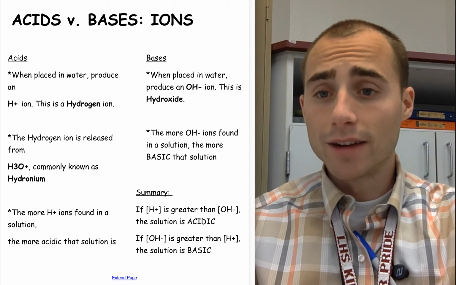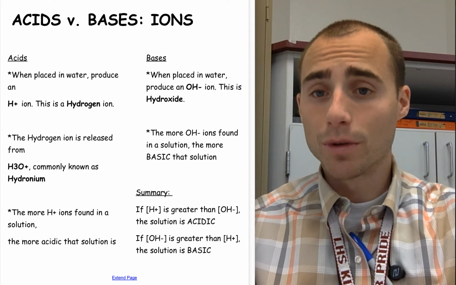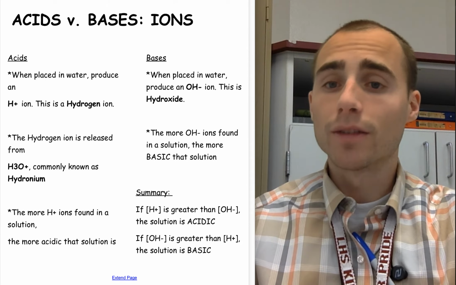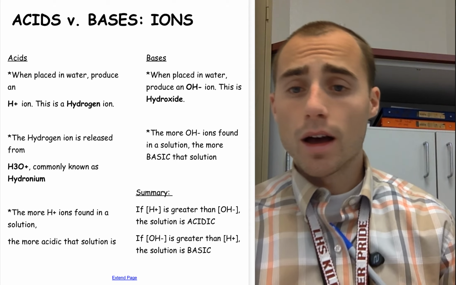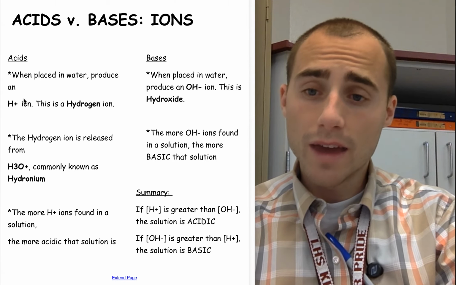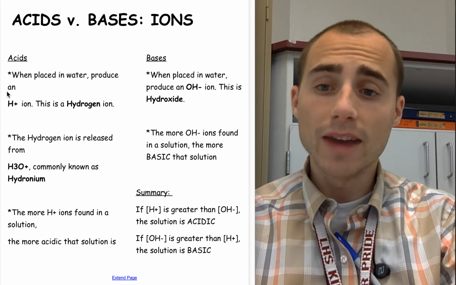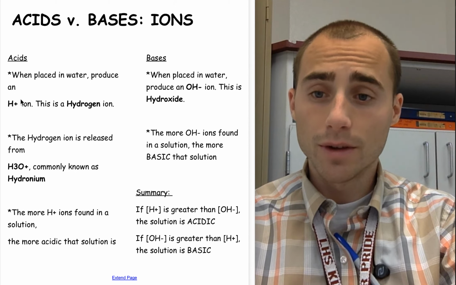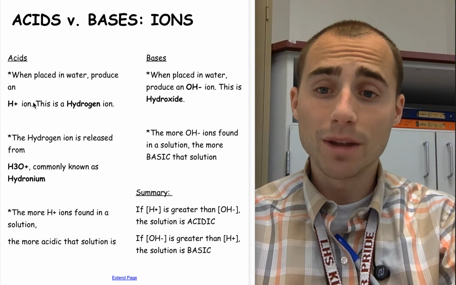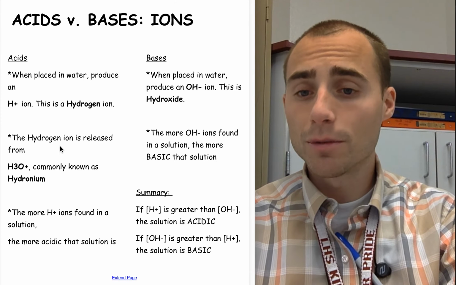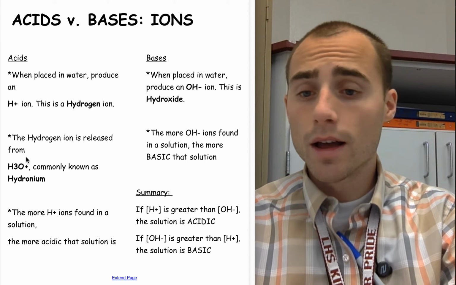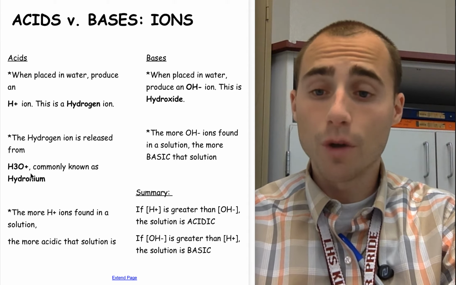Now, in terms of the ions that they produce, we're going back to ions. When placed in water, when mixed with water, acids are going to produce a hydrogen ion, an H plus ion. Now how that happens is you place an acid in water, there's typically going to be a hydronium ion.